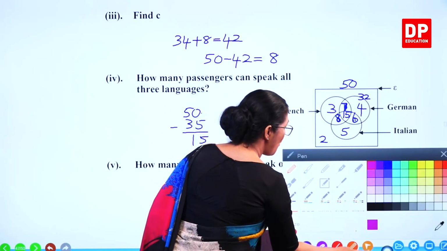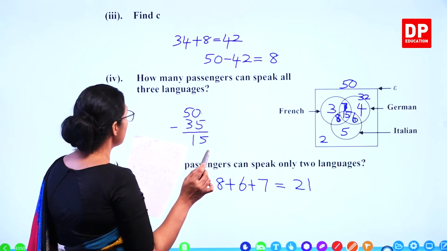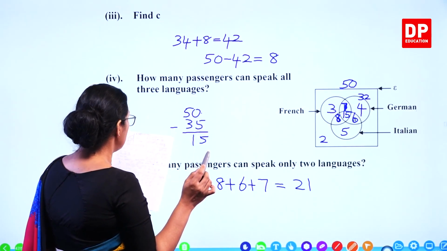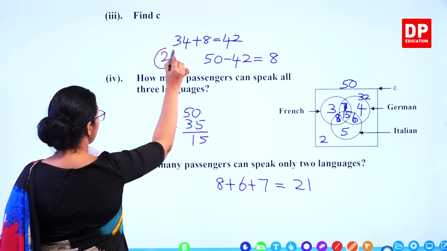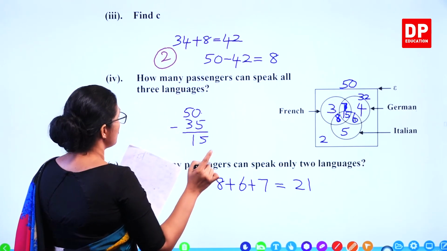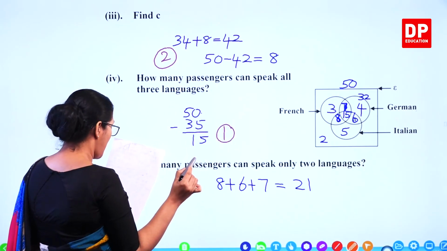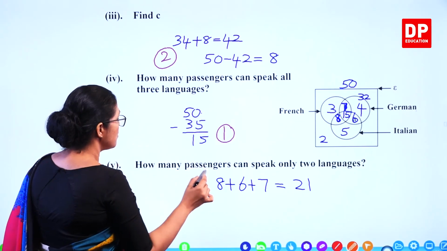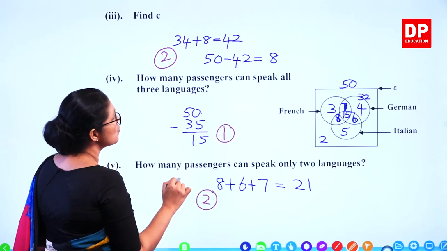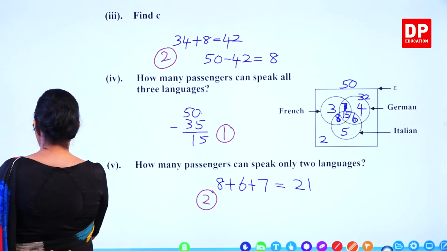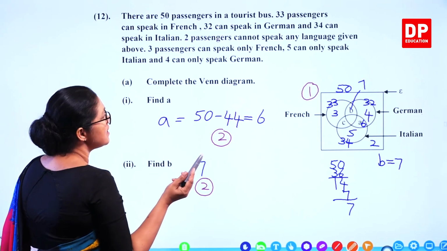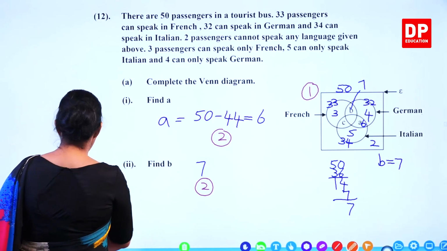So we'll see how many marks for each part. So 8, you get 2 marks. And this is just subtraction and you get only 1 mark there. And 21, 2 marks. So 2, 3, 4, 5, 6, 7, 8, 9, 10. So 10 marks for the whole question.